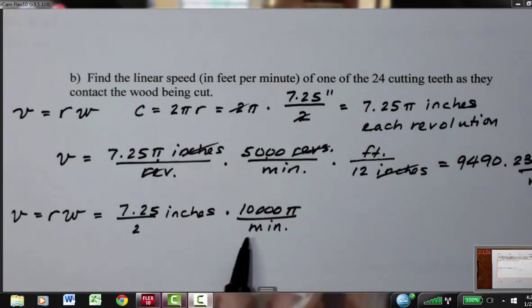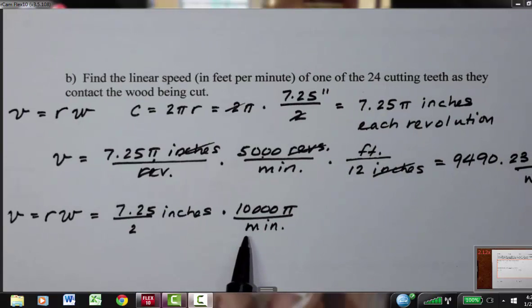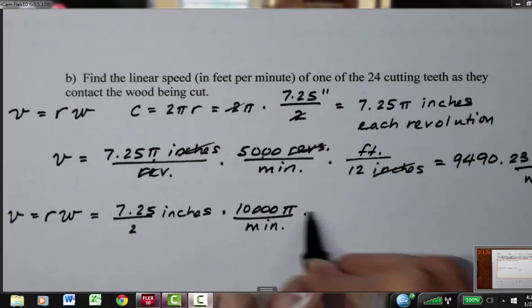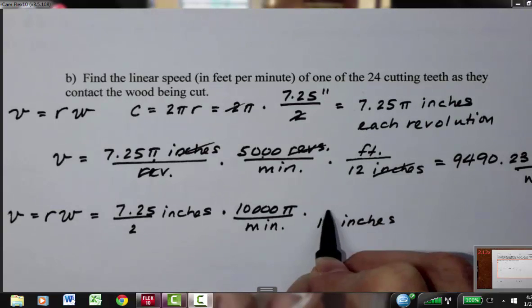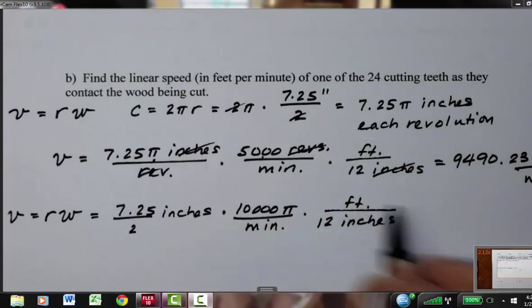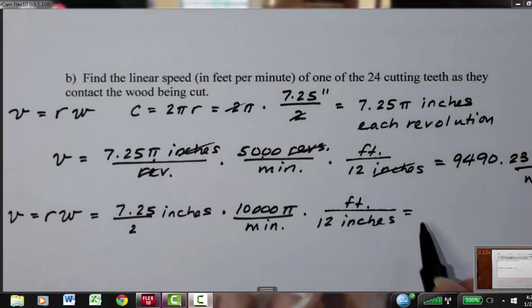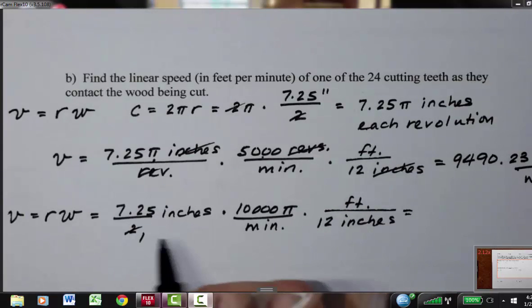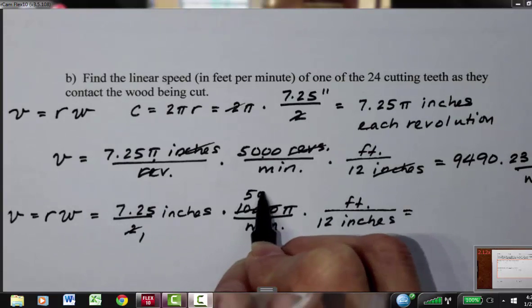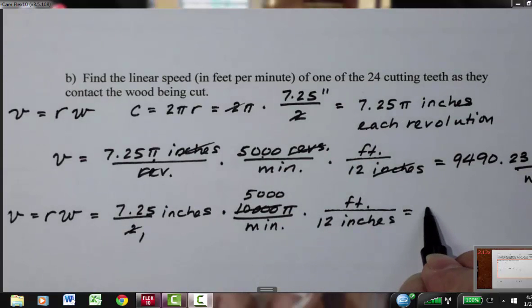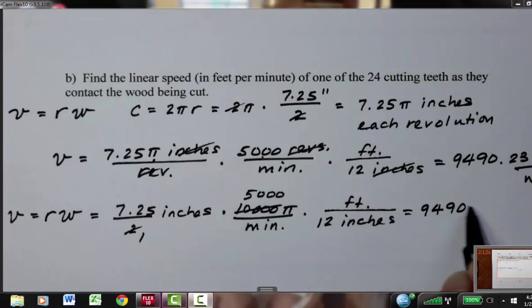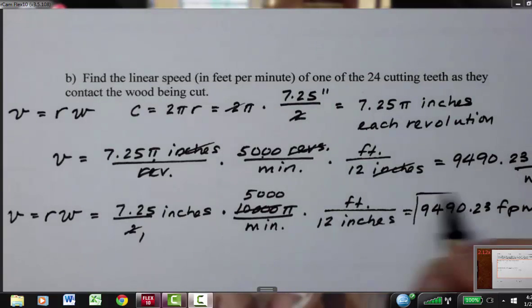And then we still need to do the conversion back from inches to feet, so we still need to multiply this by 12 inches per foot. And when you multiply this out, notice that these guys will cancel here. This becomes 5,000. And look at what we have here compared to what we have up here. It's the same calculation. And you end up with 9,490.23 feet per minute as your answer.